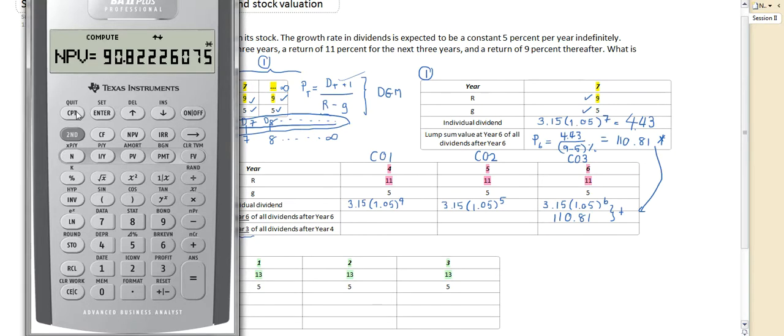So this is the present value of cash flow that happened between year 4, 5, 6, and all the lump sum that is basically the value of all dividend year 7 until infinity together. So let me write it down. So 90.82.